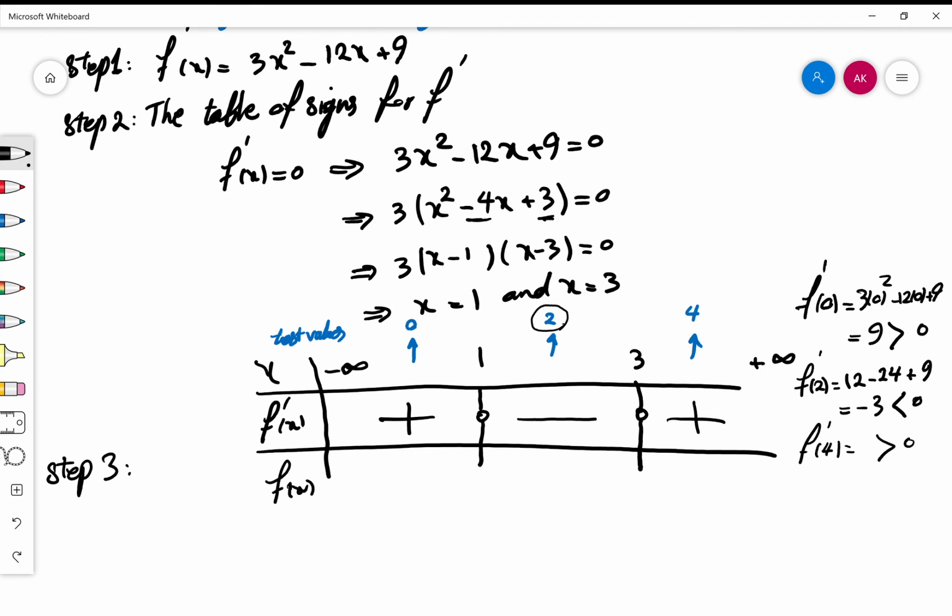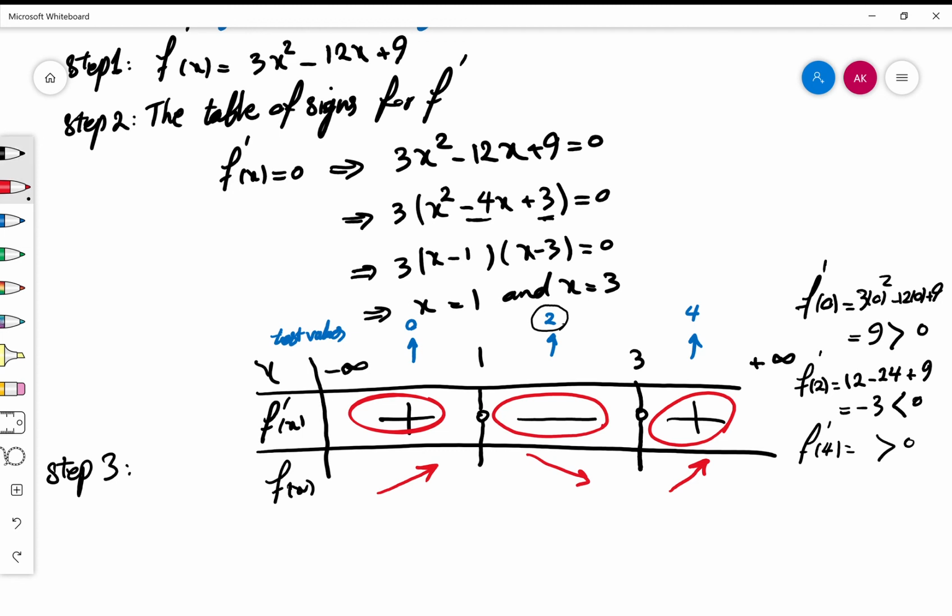Wherever f prime is positive, then the function itself is going to be increasing. When f prime is negative, the function is decreasing. And when f prime is positive, then the function is increasing.